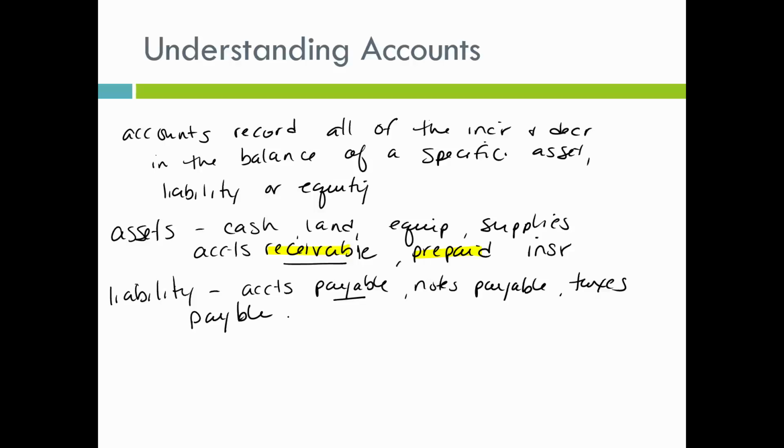And then the other keyword that we see here is a type of liability that we'll see is unearned revenue. So the insurance, for example, when we paid that, for us that was an asset, that prepaid insurance. But for the business that we paid it to, the insurance company, that's a liability.